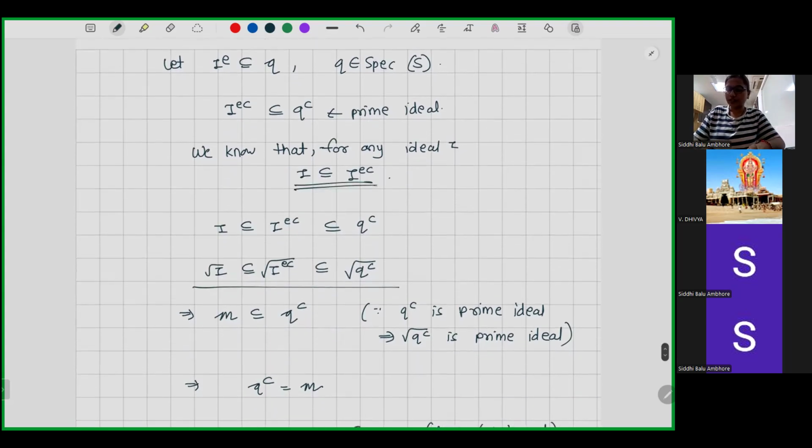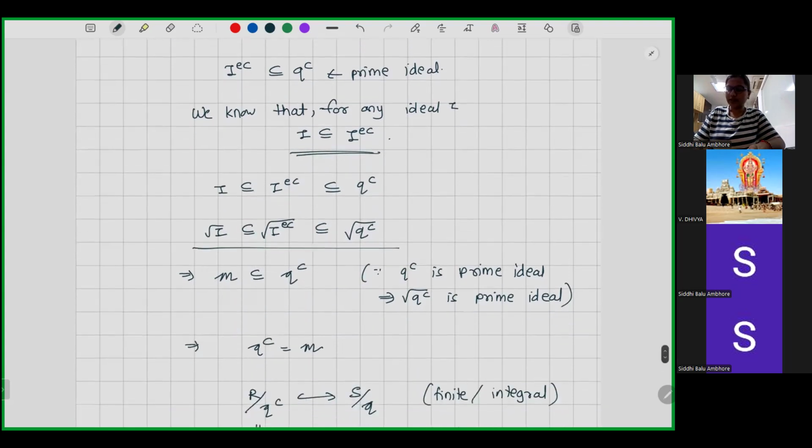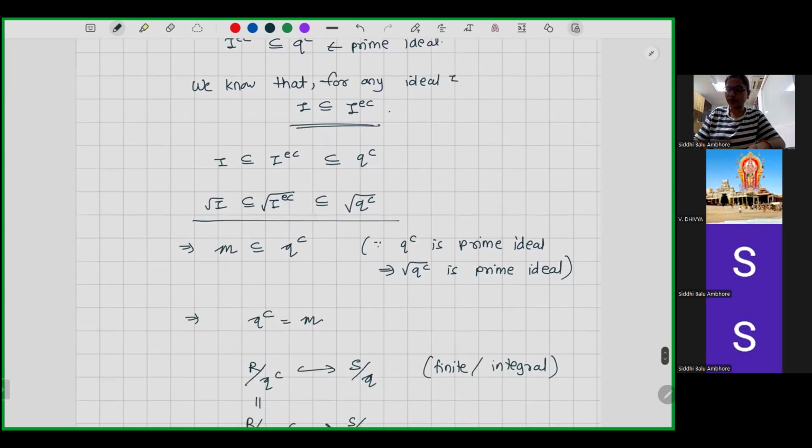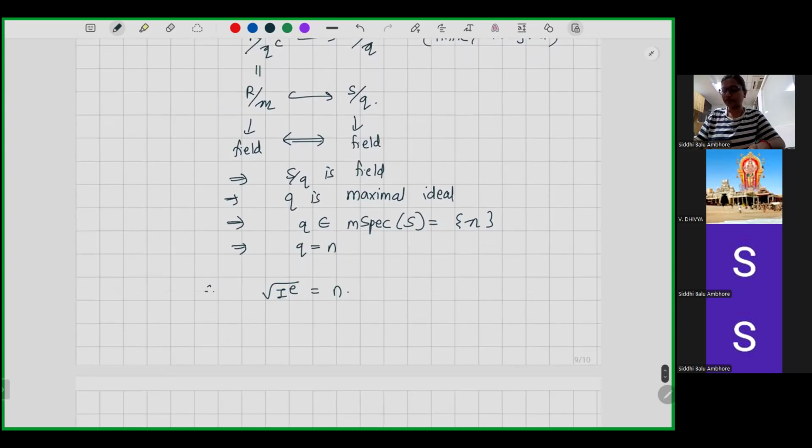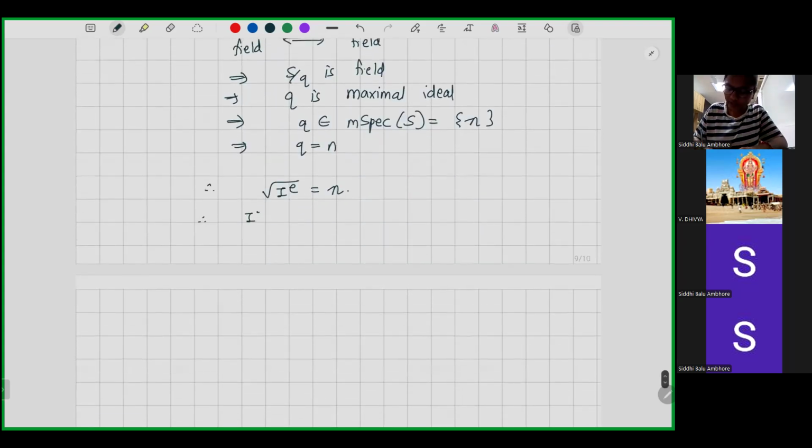This is a general identity for any given ideal, and we use it to get that M is contained in Q contraction. Then Q contraction is actually the ideal M, and the radical of I extension is actually N, and therefore I extension, which is also IS, is N primary.